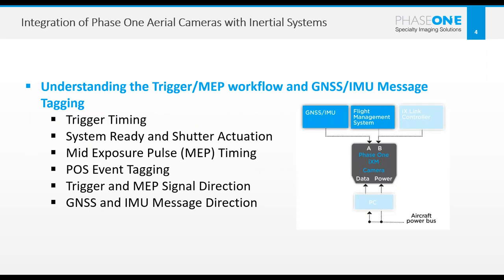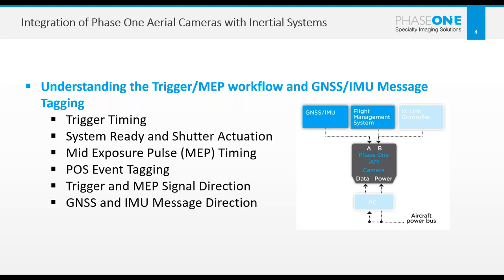So the first thing is understanding what is the trigger timing, what is system ready and shutter actuation, what is mid-exposure pulse timing, post-event tagging, trigger and mid-exposure pulse signal direction, as well as GNSS and IMU message direction.